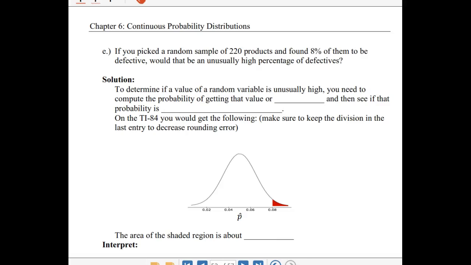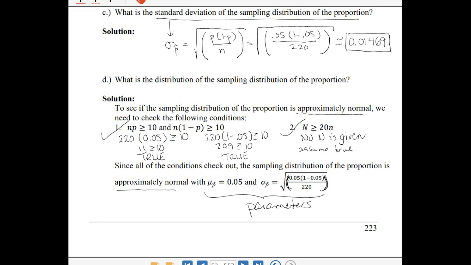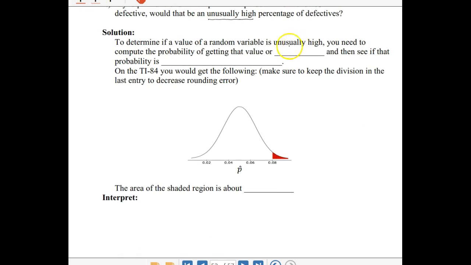So part E, if you picked a random sample of 220 products and found 8% of them to be defective, would that be an unusually high percentage of defectives? To determine if a value of a random variable is unusually high, you need to compute the probability of getting that value or higher.